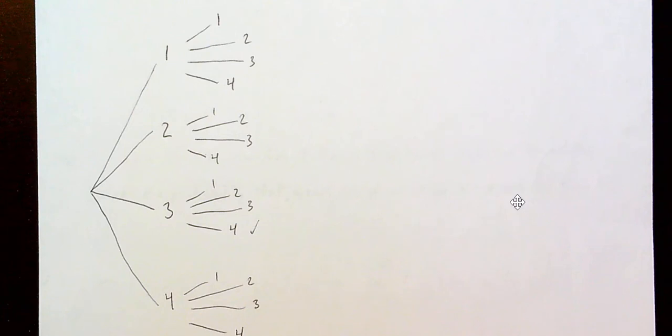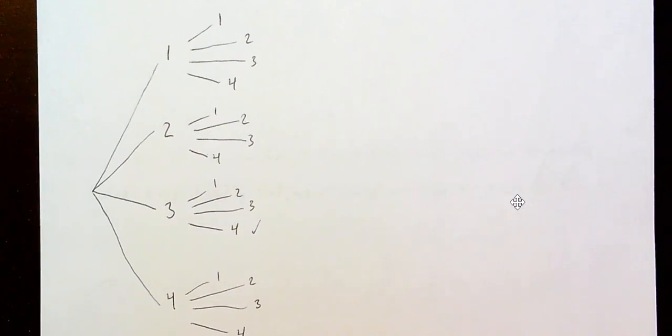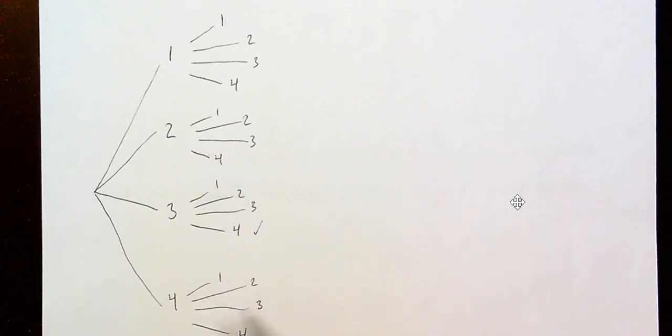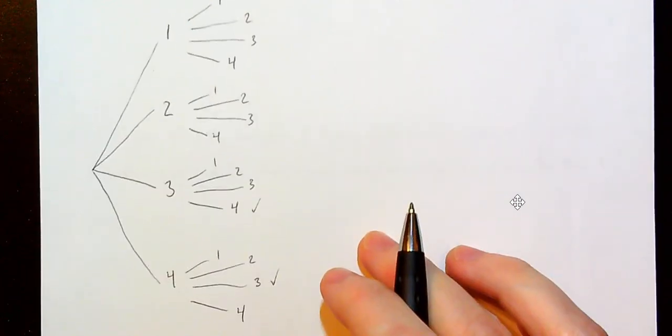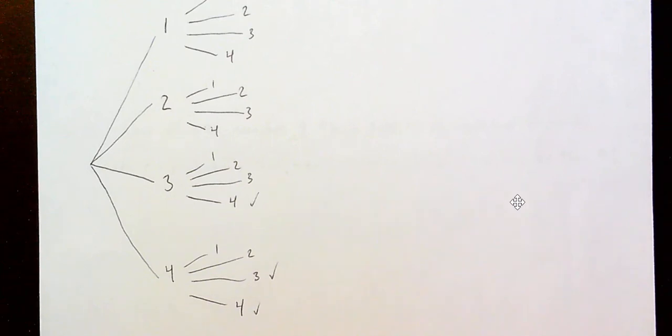Last time I checked, 7 is indeed greater than 6, so this is one of our outcomes that we want. 4 plus 1, not good. 4 plus 2, not good. 4 plus 3 is good. That sum is 7. And then 4 plus 4 is good. That sum is 8.